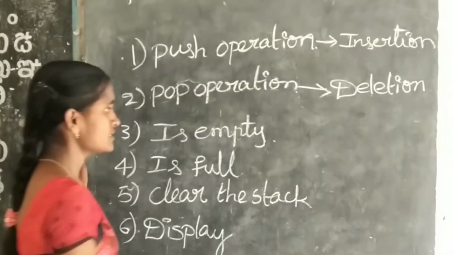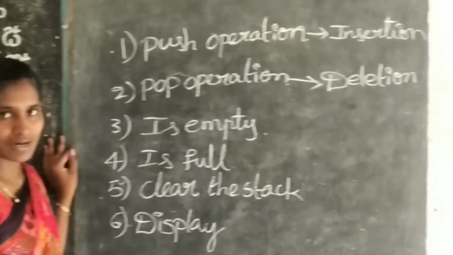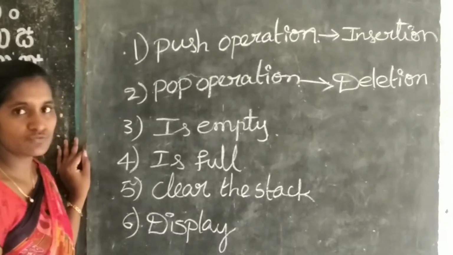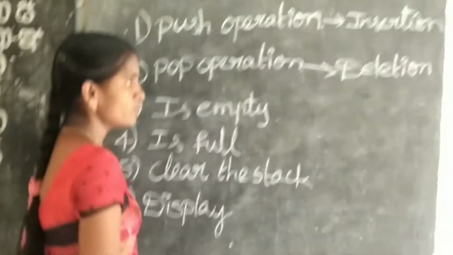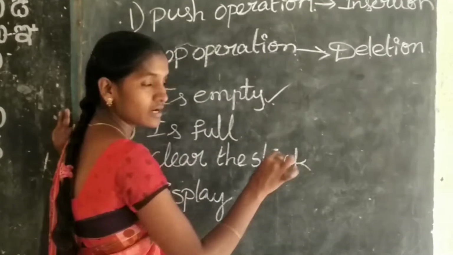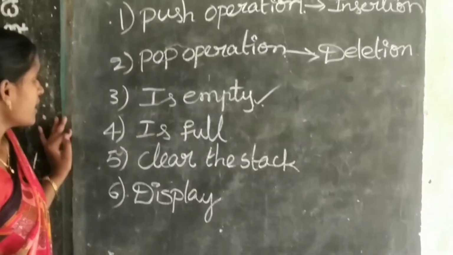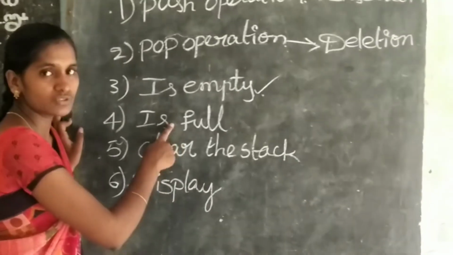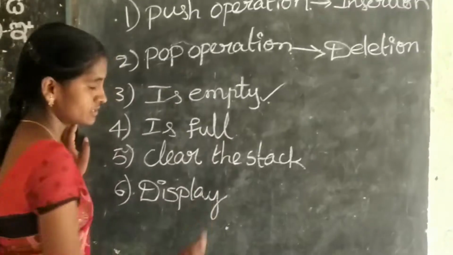Next is empty. Here we want to check whether true or false, that means the stack is full or empty. If there are no elements, that means the stack is empty. We can also perform this operation using a program. And next is full: whether the stack is full or not. That is also one of the operations in the stack.